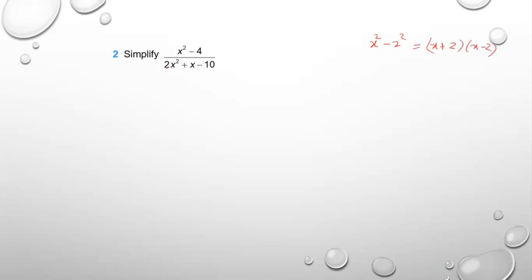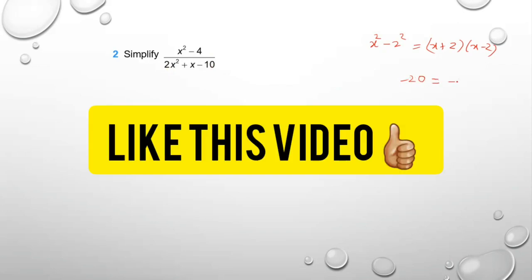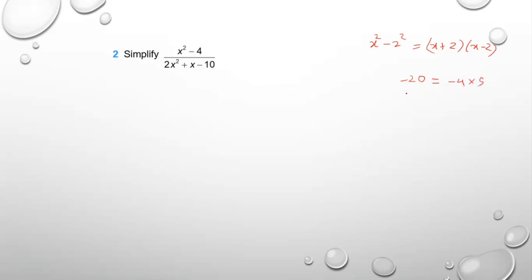And this, again, as I told you, take the product of 10 and 2, which is 20. So you actually have minus 20. So we have to see the factors of minus 20. Okay, so what will multiply to get minus 20? So we have minus 4 into 5 is minus 20. Then we have minus 5 into 4 also as minus 20.